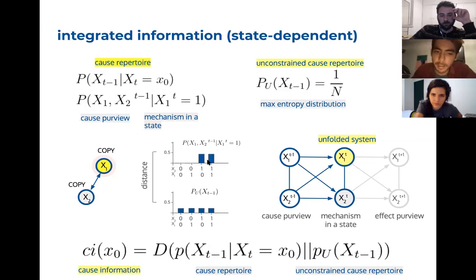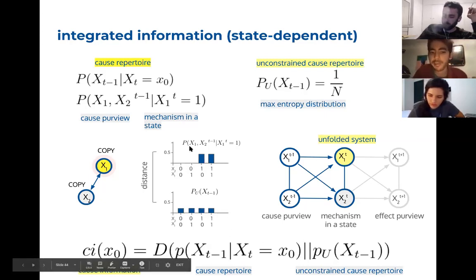But this is some information, right? This is better than not knowing at all, which would be a maximal entropy distribution. A way to measure how much causal constraint a certain state gives you, for having a certain mechanism, is given by the distance between a fully unconstrained and a constrained version.